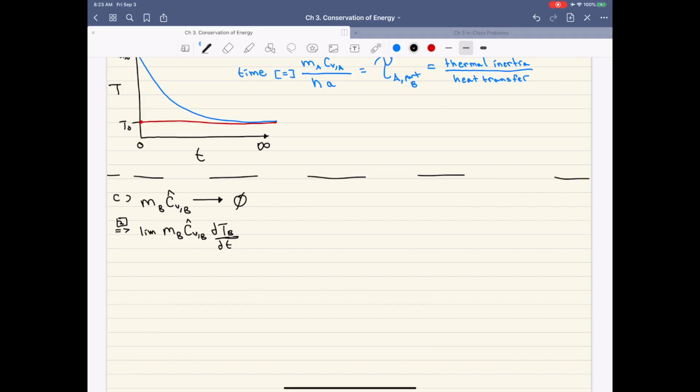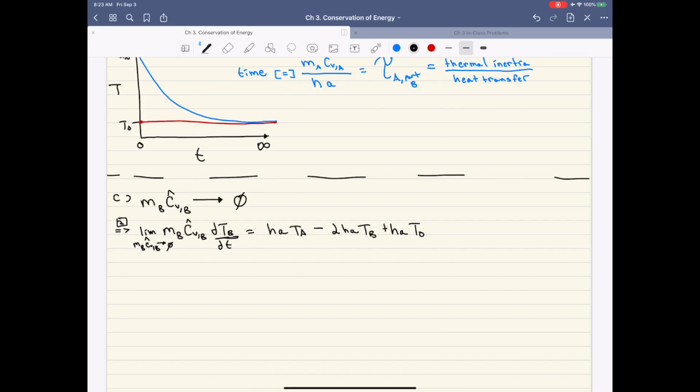And we would be taking the limit as the thermal inertia goes to 0. Okay? And so our equation would look like this: 2HA TB plus HA T naught. And if we're taking the limit as this goes to 0, this is 0.